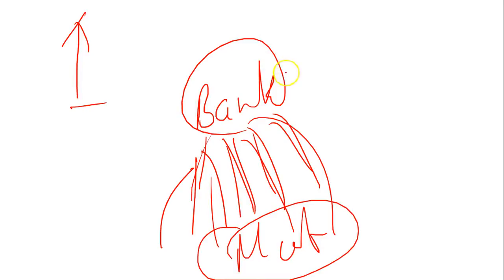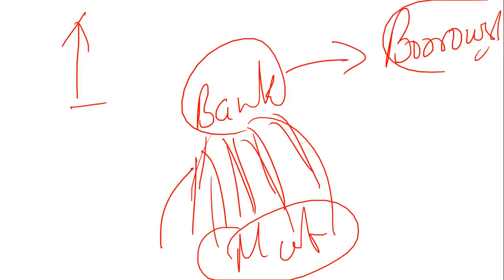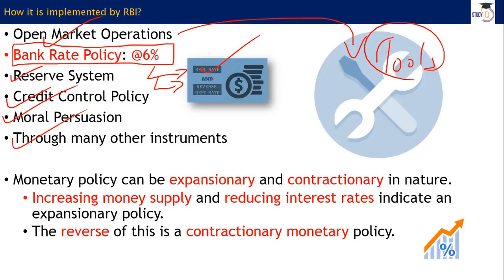At the same time, if you are a borrower, it is going to be very painful, because you now have to pay an extra amount as interest, isn't it? Borrowers will not appreciate this, but depositors would be more than happy when interest rates go up. I hope this is clear, and this is how you control the money.